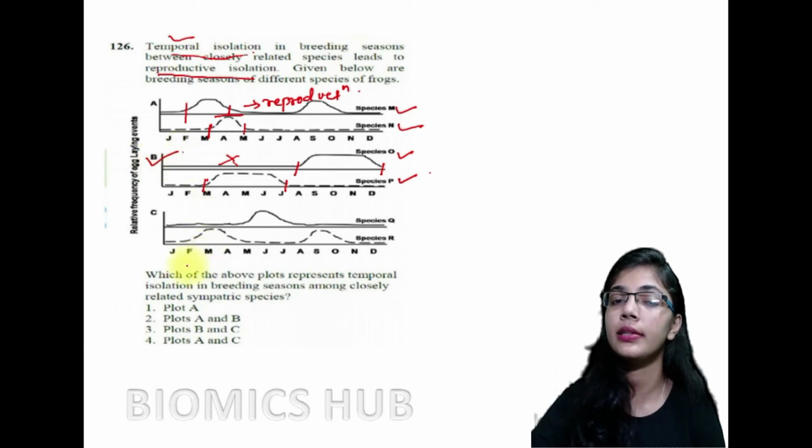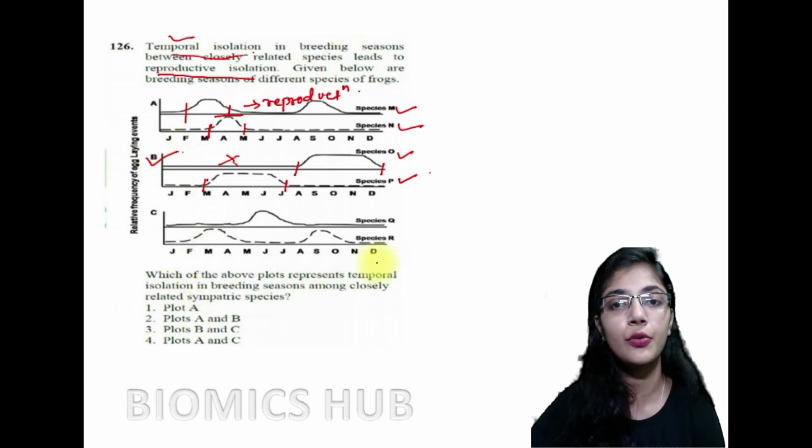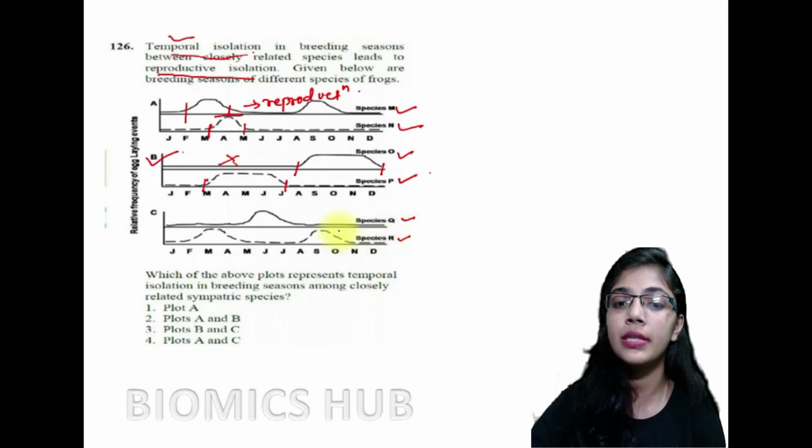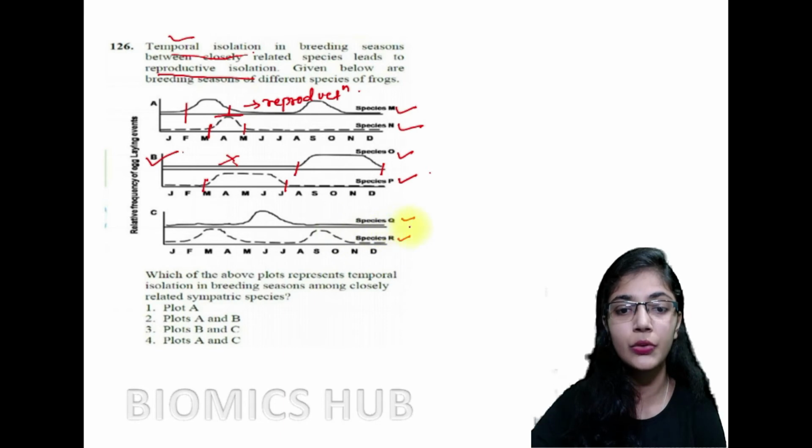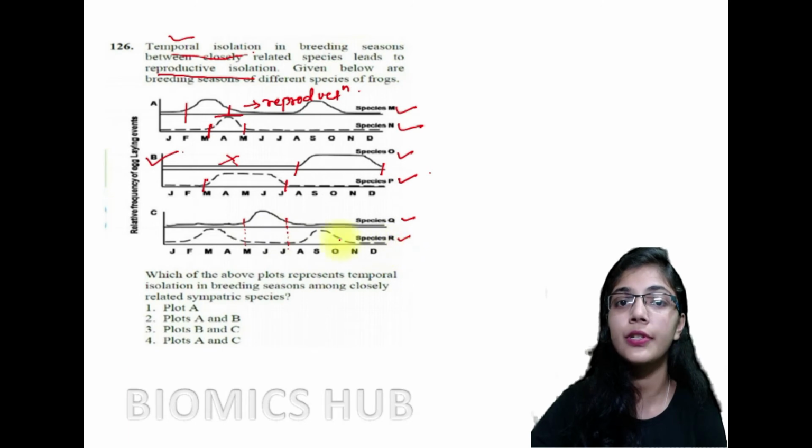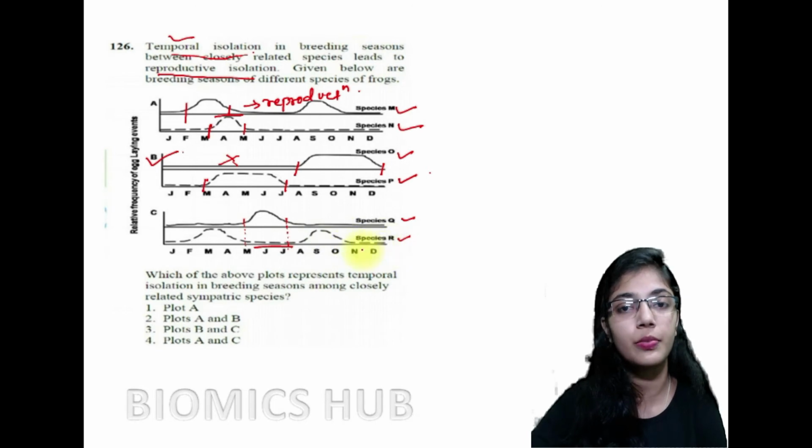Now let us see the third graph. In the third graph, there are two species known as species Q and species R. Now we will see the reproduction time of species Q. Species Q reproduces during May till July. But during this period, species R was not reproducing. Then what was the time period of species R to reproduce?